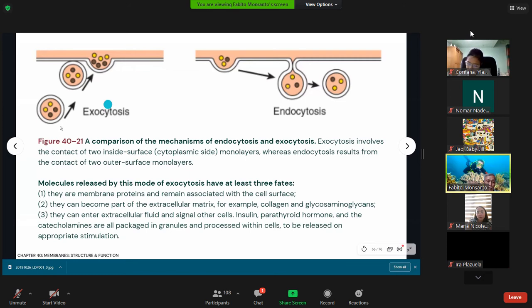In here, your cellular membrane. You get that? Okay.